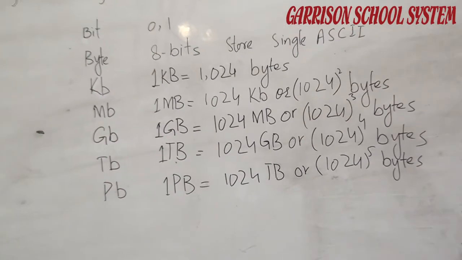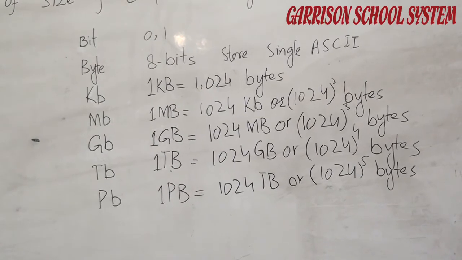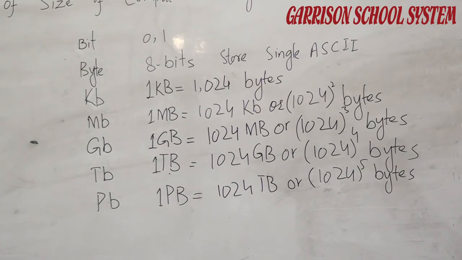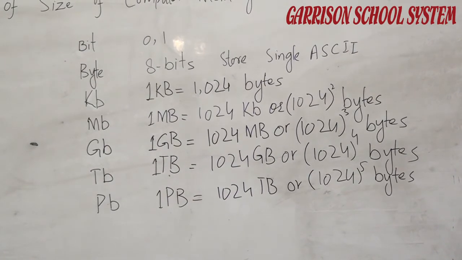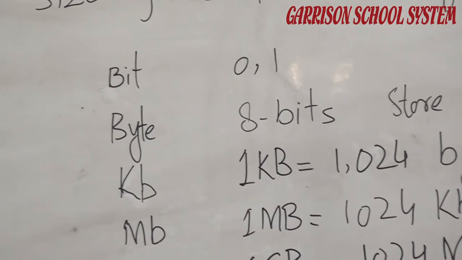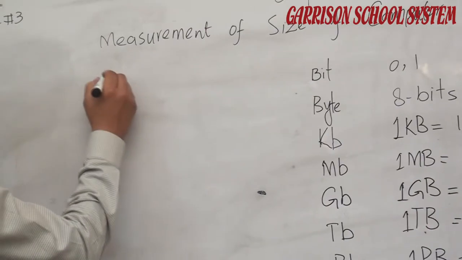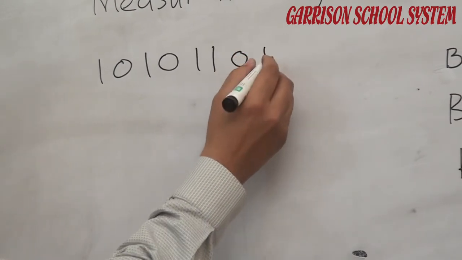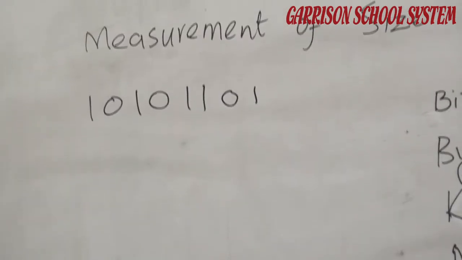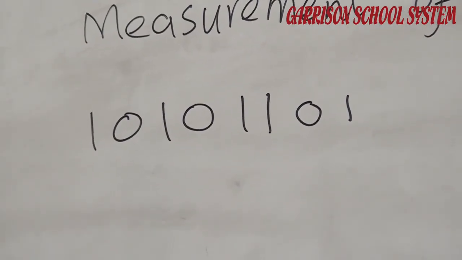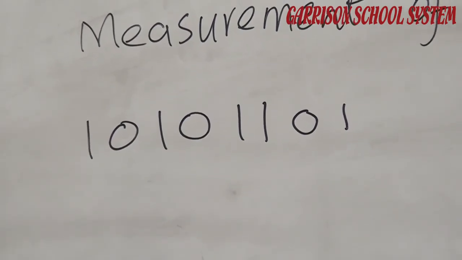Students, the smallest amount of data to be stored in computer memory is 0 or 1. It is a bit. A collection of 8 bits is called a byte, for example 10101101.